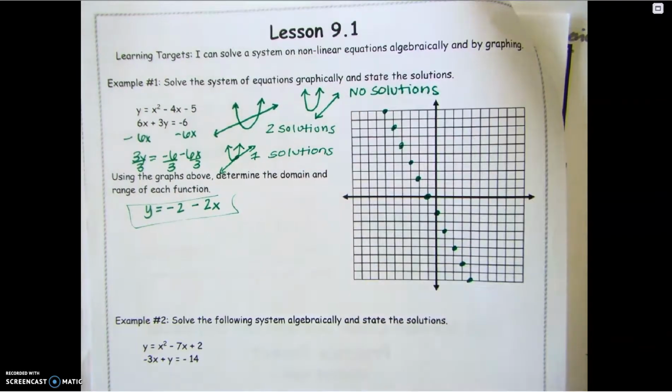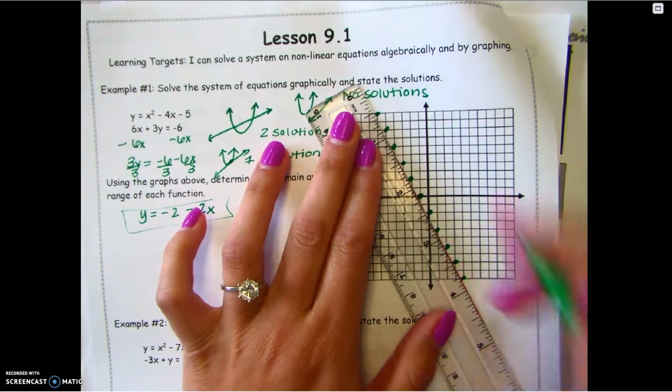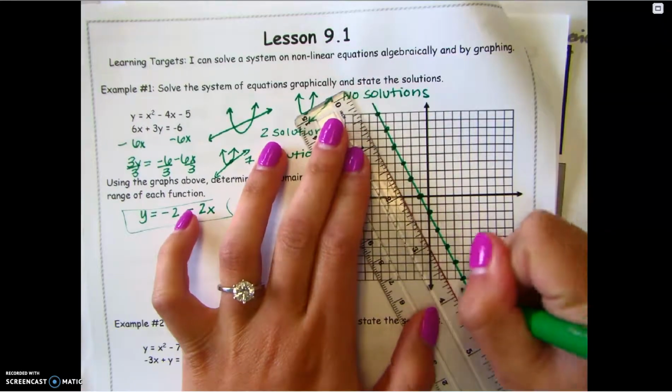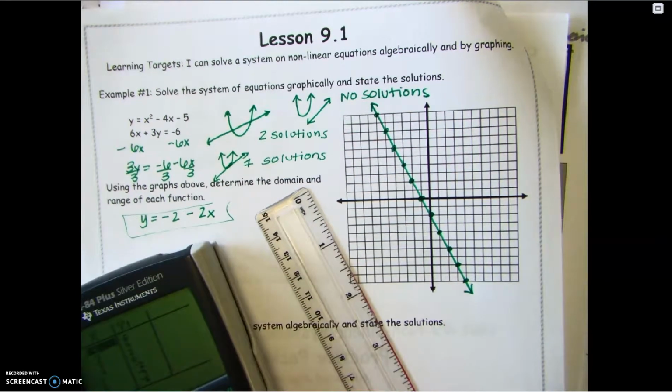I like to plot as many points as will fit on my graph because then I can really make sure that I answer the question correctly. So do that. Then I'll graph my parabola, using my calculator again to get some exact points.